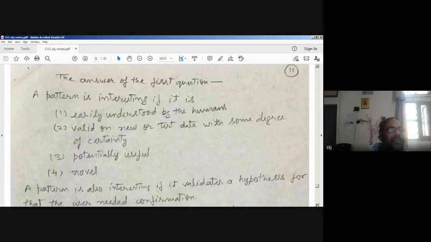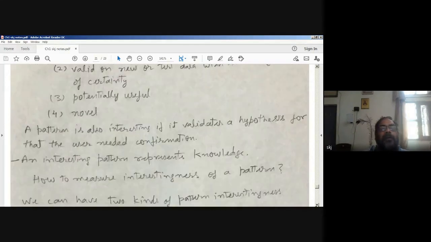They collect data, process it, and get some kind of pattern and opinion. A pattern is also interesting if it validates a hypothesis for which the user needed confirmation.